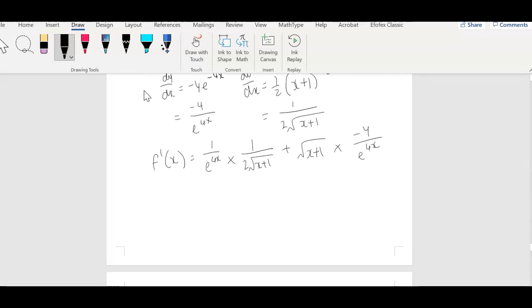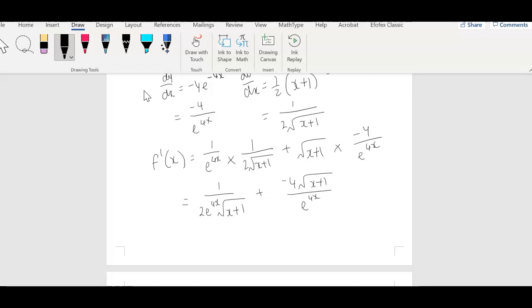All right, so we just need to tidy this up a little bit. So multiply your numerators, then multiply your denominators. So we're going to have 2e 4x square root of x plus 1 plus, and then on this side we're going to have negative 4 square root of x plus 1 over e to the 4x.